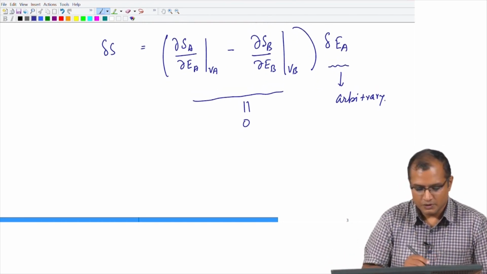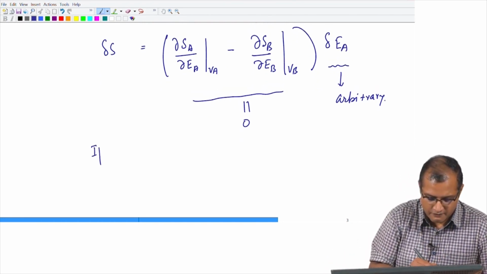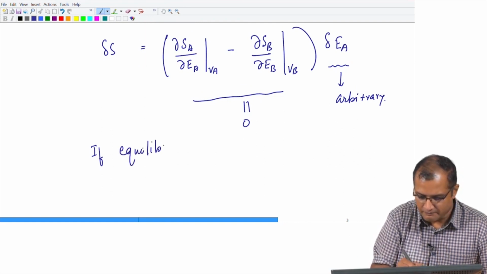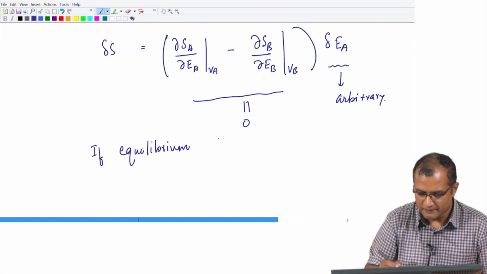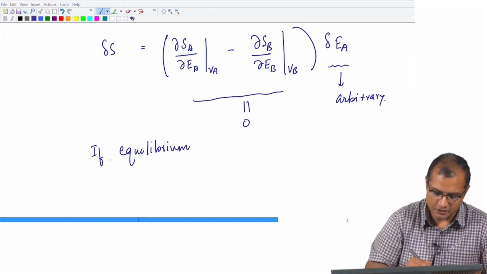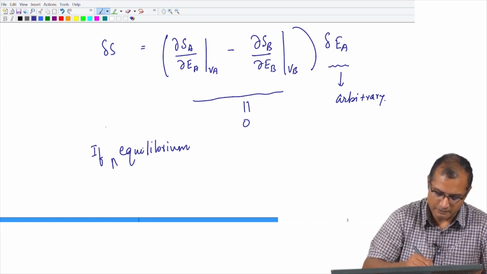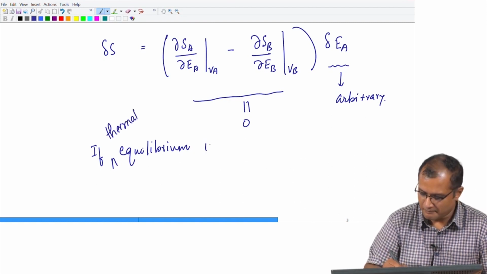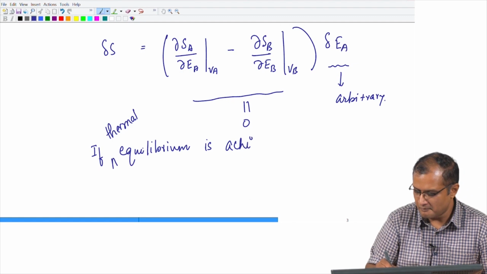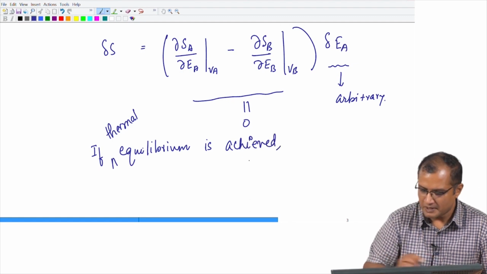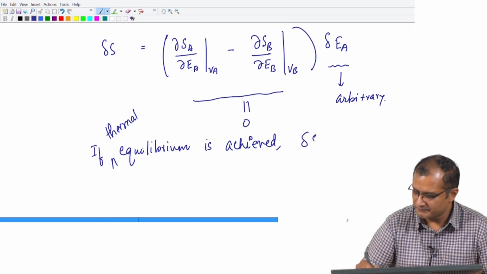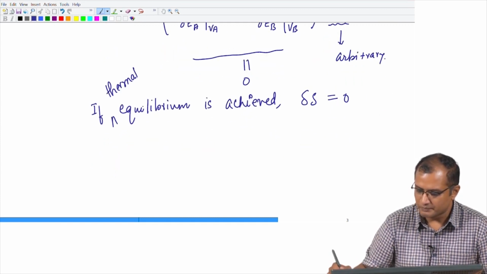Only then my delta S will be 0. So, if equilibrium is achieved, and by equilibrium I mean thermal equilibrium, then I have to demand that the prefactor is 0.